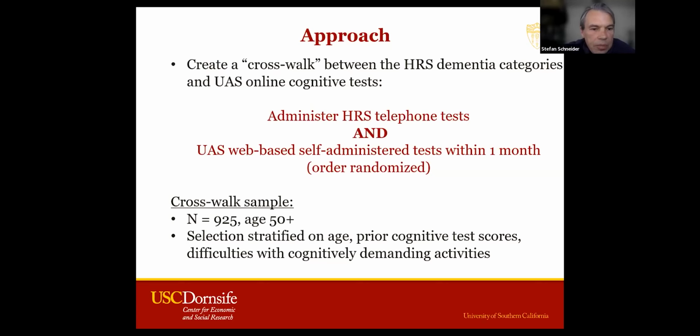So that's a within-subject design. The sample size was 925 people. Everyone was age 50 or older, and there was some stratification by age, prior cognitive test scores, and difficulties with instrumental activities of daily living.